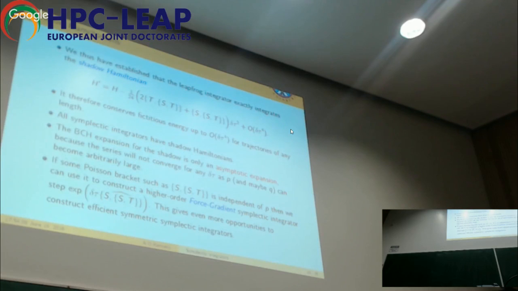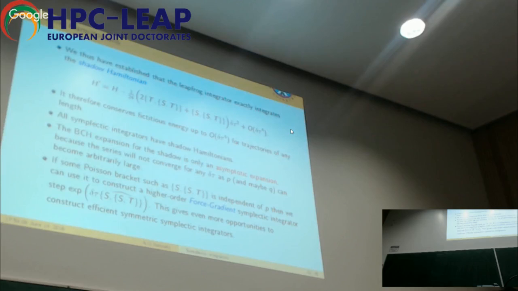There are corrections of the order of e to the something over delta t which don't appear in the Taylor expansion. If delta t is small enough, those terms are exponentially small, but at some point those terms dominate, as in any other asymptotic expansion. And the problem is that this is true for any delta t if the momentum is large enough, so it's not just a fixed value.